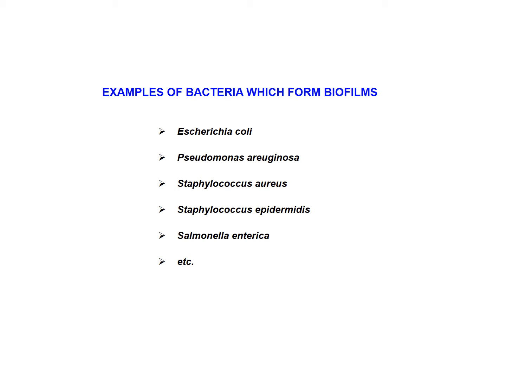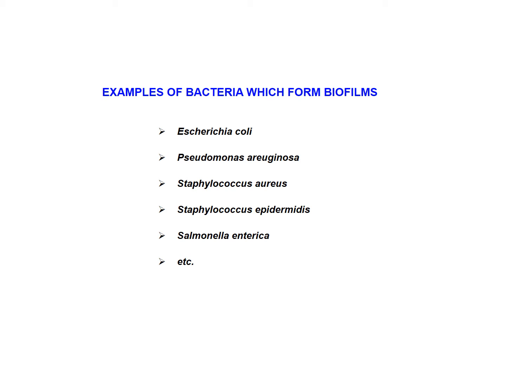This slide gives you some examples of bacteria which form biofilms. Of course, first and foremost is Escherichia coli, some of which are benign and found in the gastrointestinal system of humans. Some of them can be pathogenic.